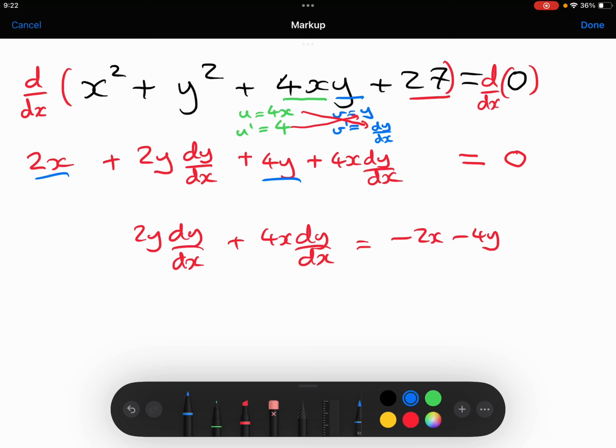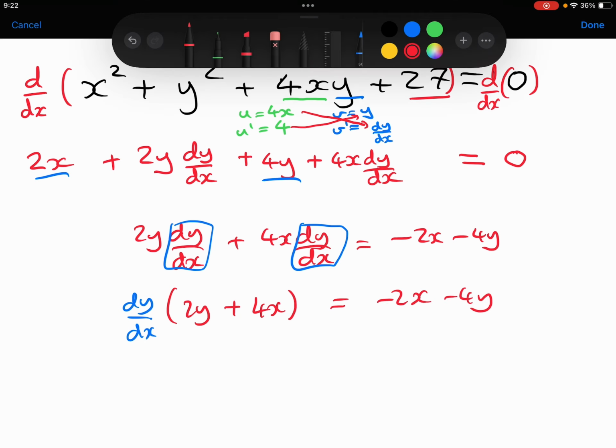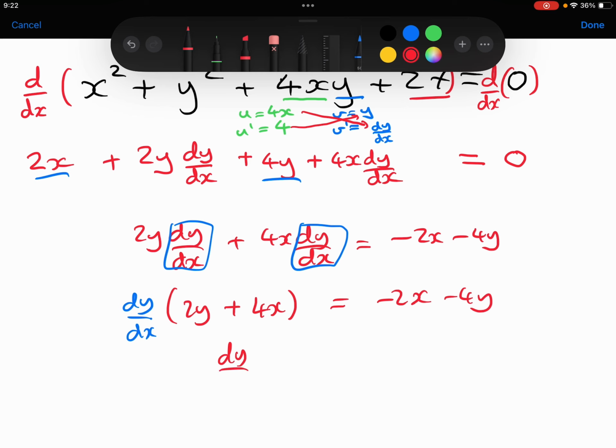I'm then going to factorise out the dy by dx. And then dividing both sides to make dy by dx the subject.